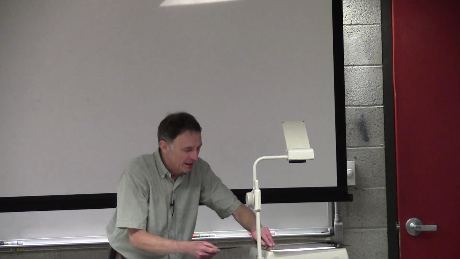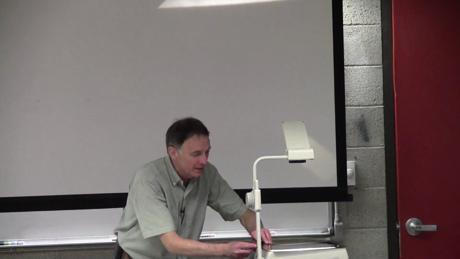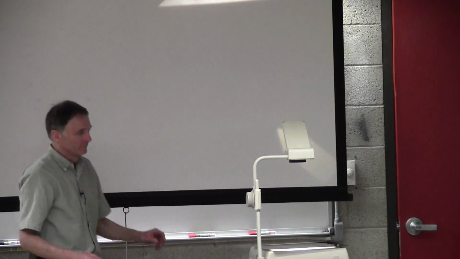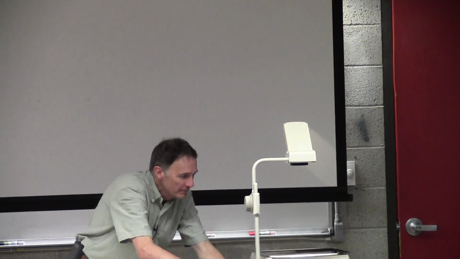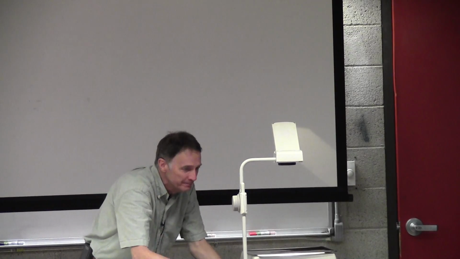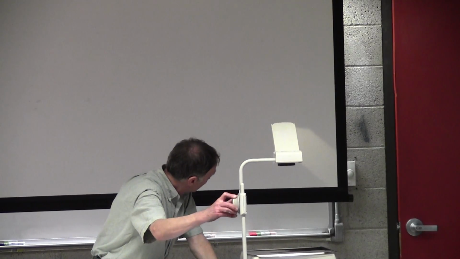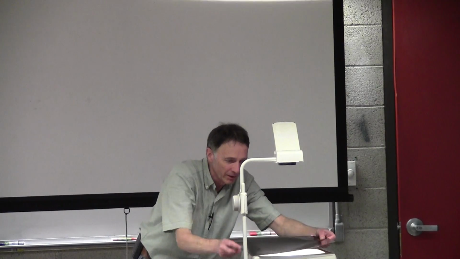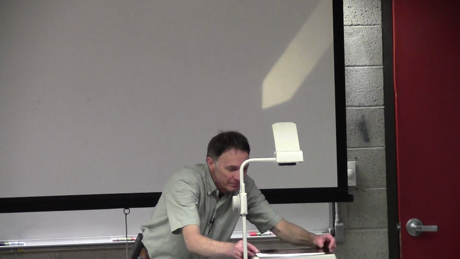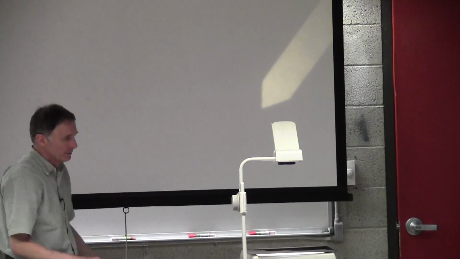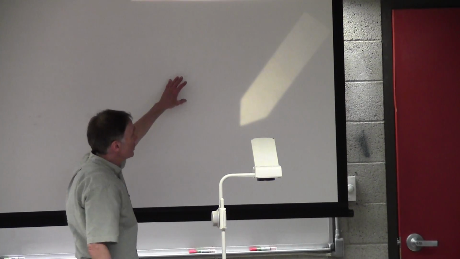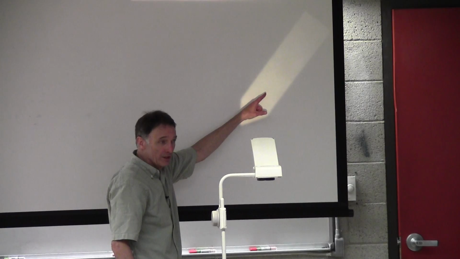But if I take a third one and stick it between them, that can get through. So let me come through this other angle here. Okay, it's a little. So it doesn't get through two sheets, but it does get through three sheets.